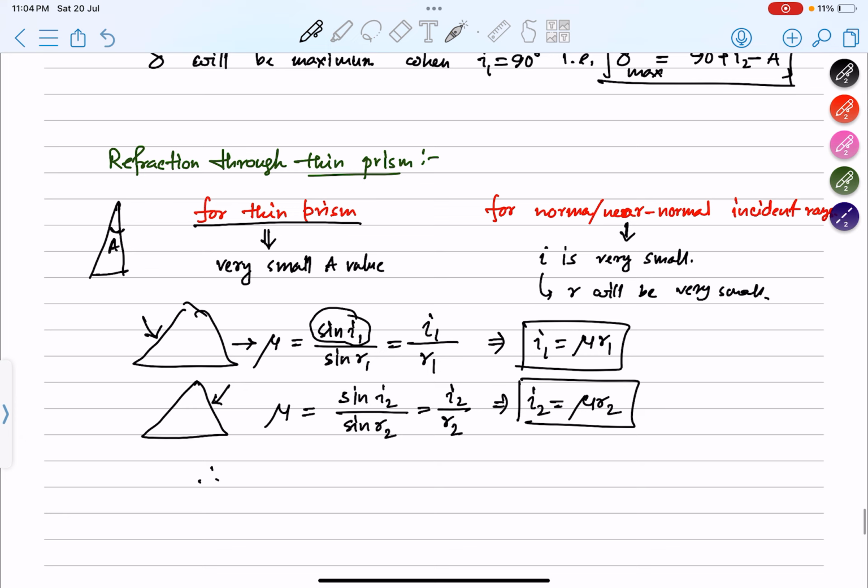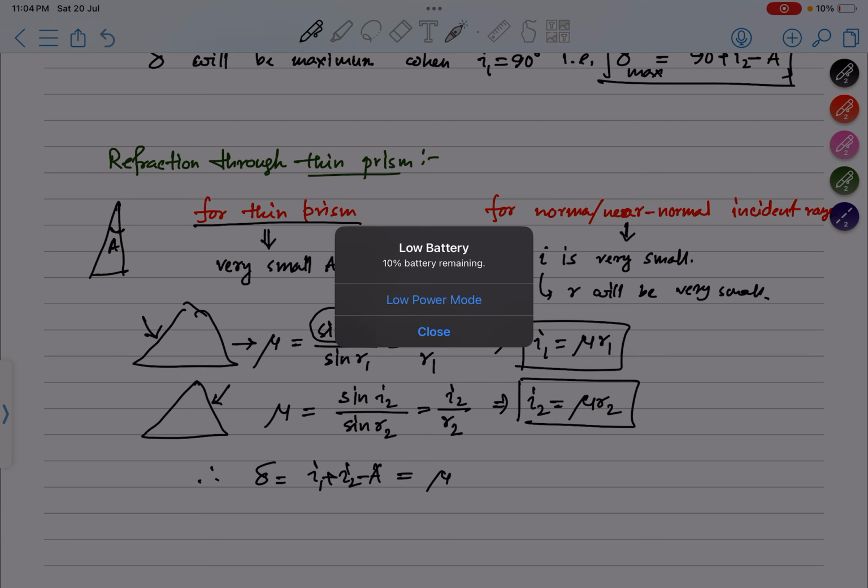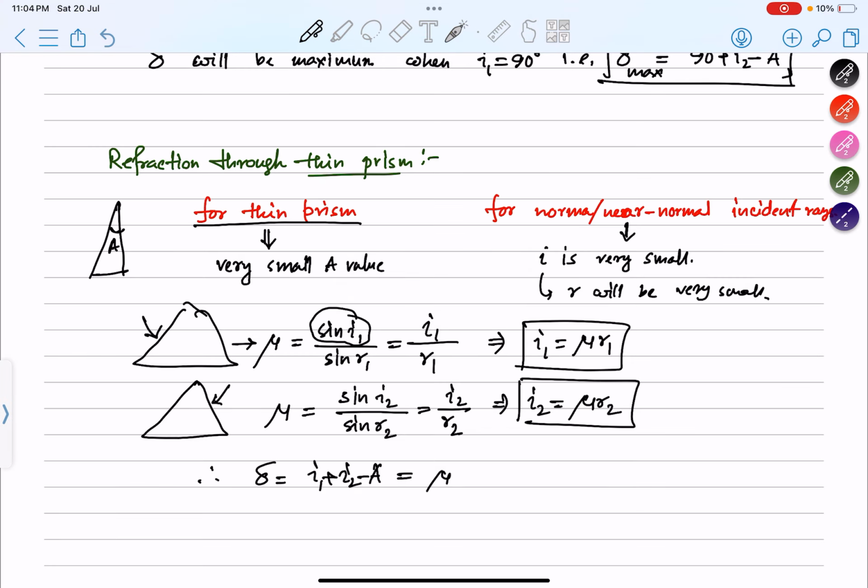So what was the value of delta? Delta is equal to I1 plus I2 minus A. Let us write it here: mu into R1 plus R2 minus A. Now we know that A is equal to R1 plus R2.